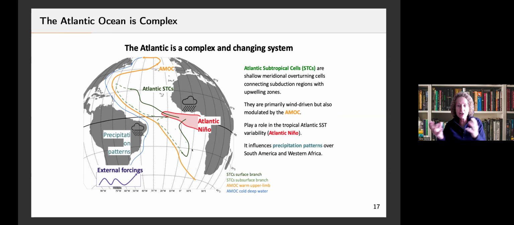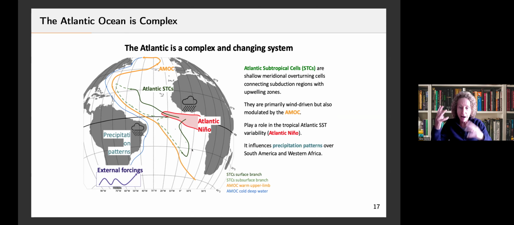Any changes in these systems will impact modes of variability, like the Atlantic Nino. We have a sort of Nino, like you have in the Pacific, in the Atlantic as well, that impacts atmospheric sea level pressure, which will impact winds, circulation and precipitation patterns.